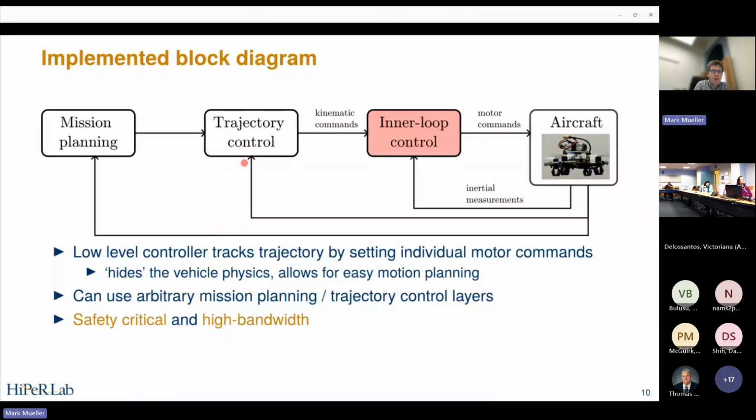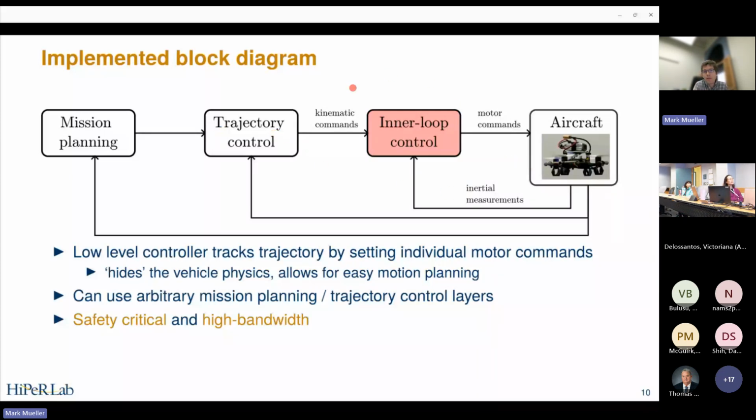Then we will close the loop with some sort of mission planning controller and some sort of trajectory generation controller, where these two things are physics agnostic. They just know that they're flying a quadcopter, but they don't need to understand anything about the parametric uncertainty, like masses or inertia. What's nice about this is we can keep whatever trajectory generator you like and swap that in without worrying about it.